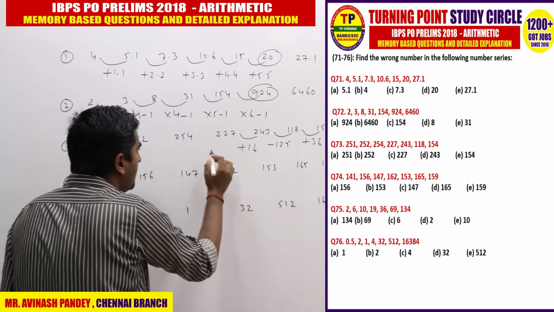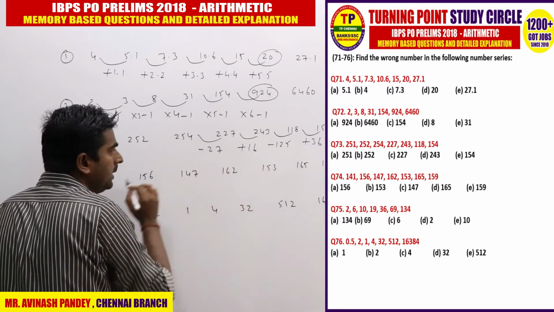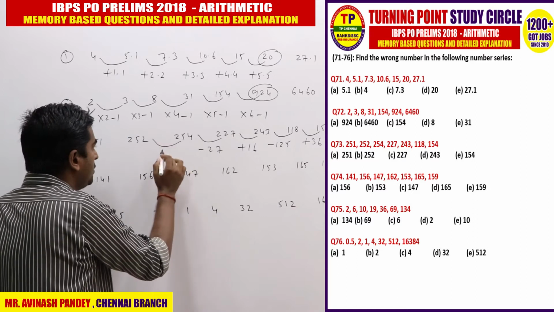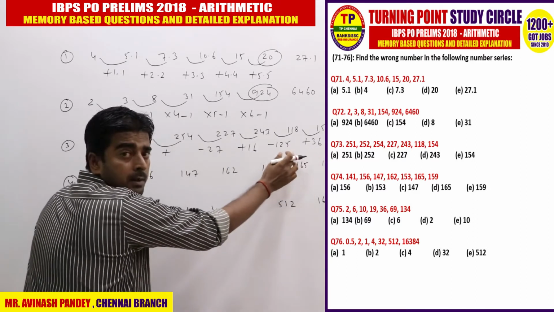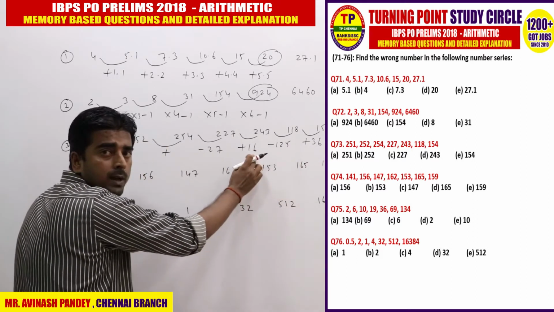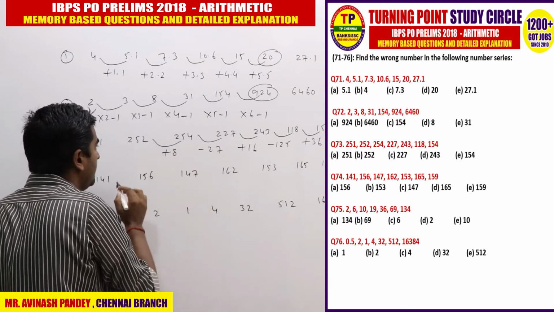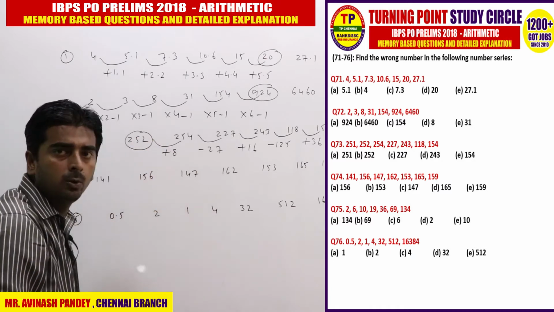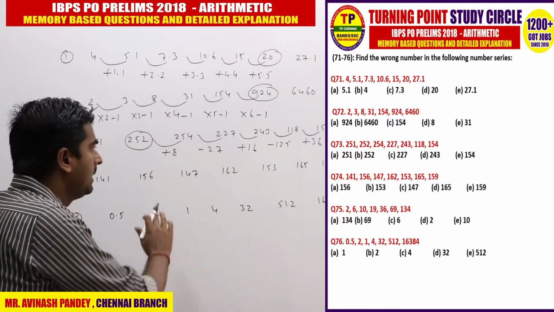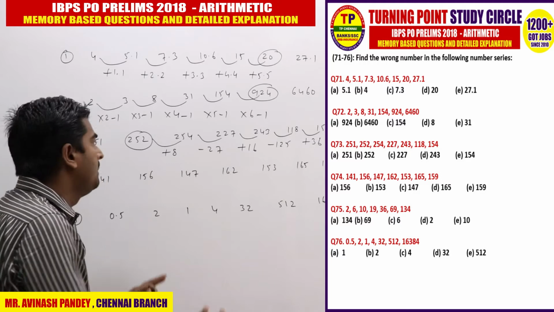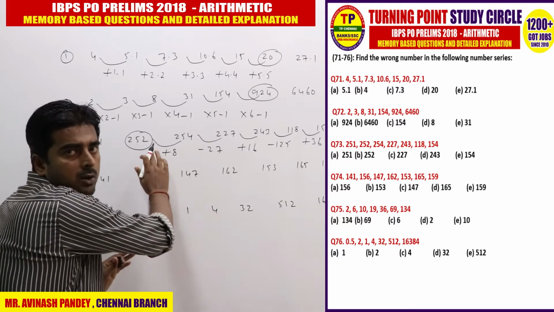Plus 4 square. What about this number? Minus 3 cube. This is going on correctly. So here it should be plus 6 square, minus 5 cube, plus 4 square, minus 3 cube, plus 2 cube should be there, right? What is 2 cube here? Right. So here the problem is, already I told you, whenever you are solving wrong number series, wherever the pattern is not matching, the middle number is the problem, right? So this is my wrong number.